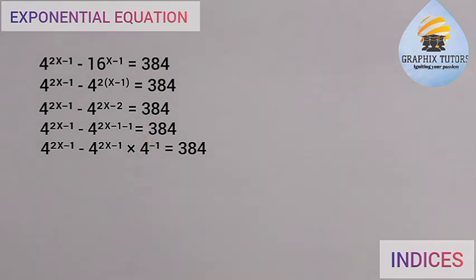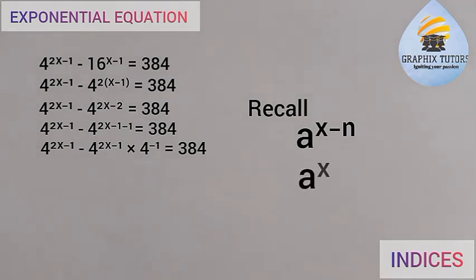It's as simple as this. When you have indices, if I have a to the power of x minus n, and I want to rewrite it, it's going to be a to the power of x multiplied by a to the power of minus n. So I can split it this way. That is a law of indices, and that's what I applied here.